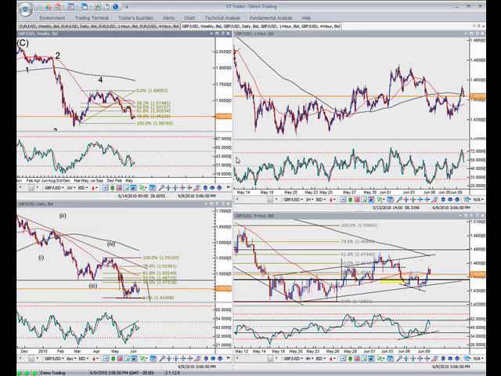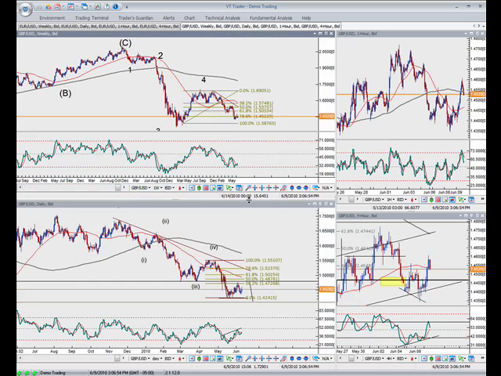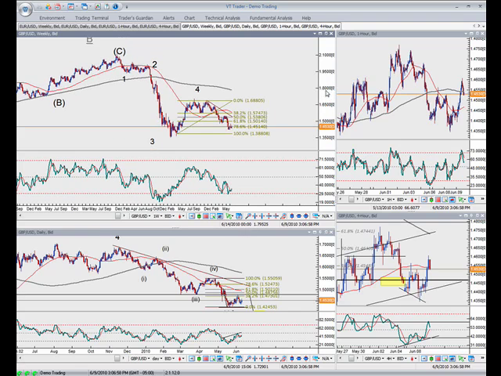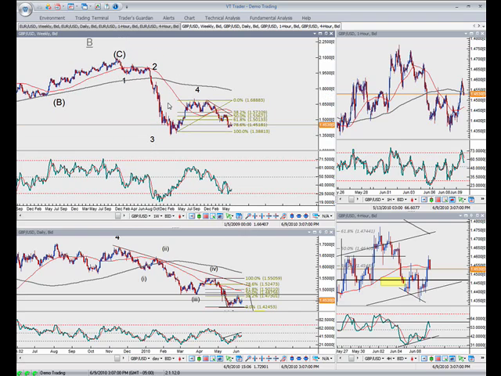Okay, in pound dollar, so here, again, also in the C wave, a larger C wave. So 1, 2, 3, 4, and maybe fifth wave. We're in the middle of the fifth wave.